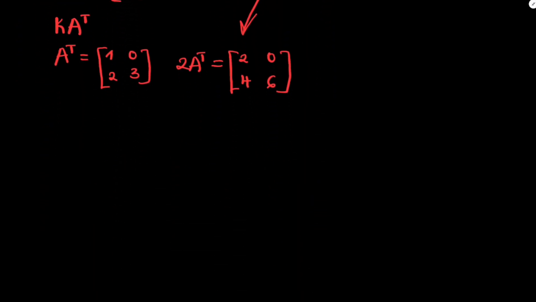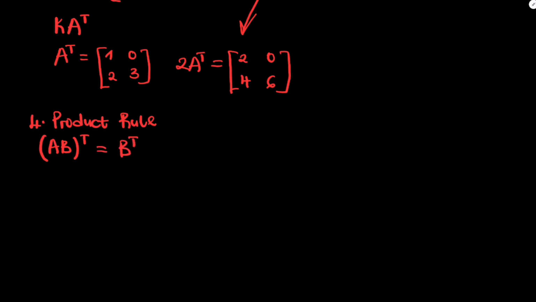Now let's have the last property, which is the fourth property. This is the product rule. This property says A times B, all that transpose, is the same as B transpose times A transpose.